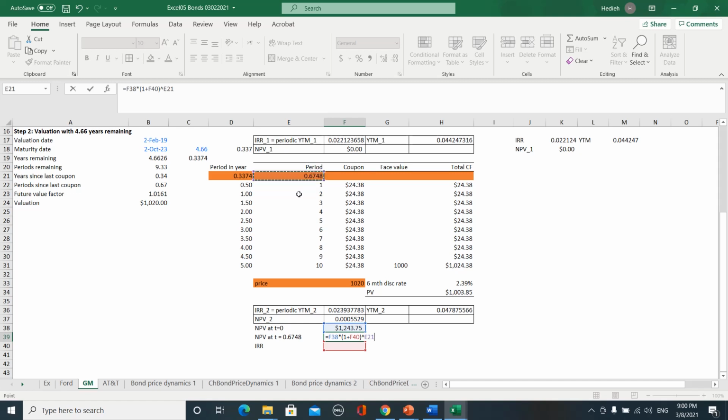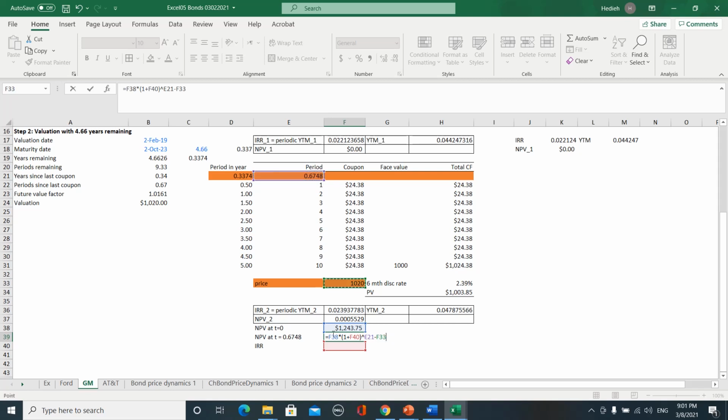So this is what you have at time 0.67 6-month periods, right? So this is the present value of only your positive cash flows, right? But we want to subtract our negative cash flow, which is the price of the bond at this point in time, at 0.67 6-month period. So subtract your price, okay?